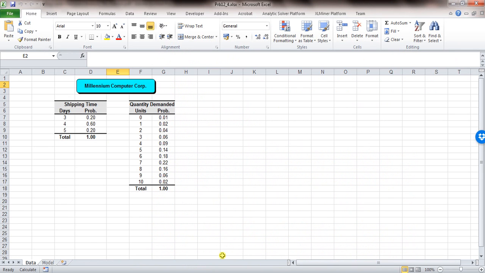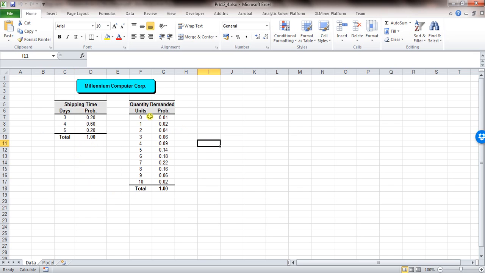If we look into the data that is provided for Millennium Computer Corporation, there are two variations in the variables. One is shipping time. There is a probability that the shipping will come in 3 days, and a 60% probability the shipping will arrive in 4 days. These are the delays in the shipping.